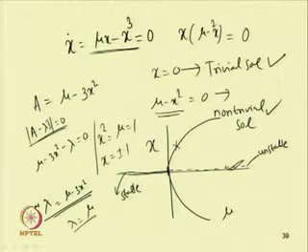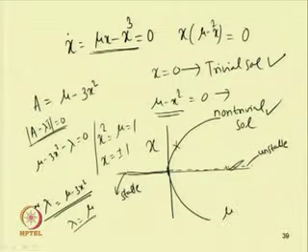Along with that, we have an unstable trivial branch. After this bifurcation point, the number of solutions increases. Before this bifurcation point, we have only a single solution, but after this bifurcation point, we have 3 solutions: this is 1, this is 2 and this is 3. Out of these 3, 2 branches are stable and this branch becomes unstable.